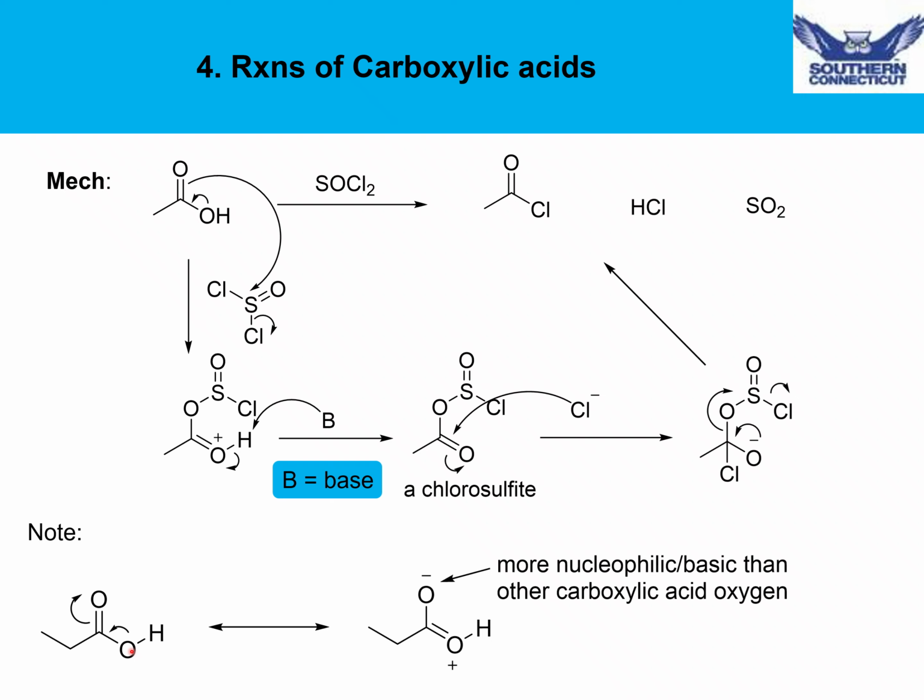One way of thinking about this is if we push electrons, the lone pair on this oxygen towards the carbonyl, we have this other resonance form that has a negative charge on this oxygen. So in general, the oxygen of the carbonyl is more nucleophilic than the other oxygen on this carboxylic acid.